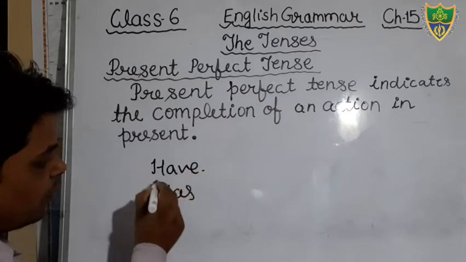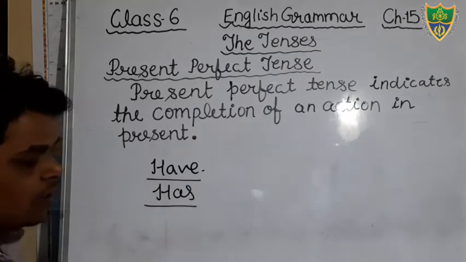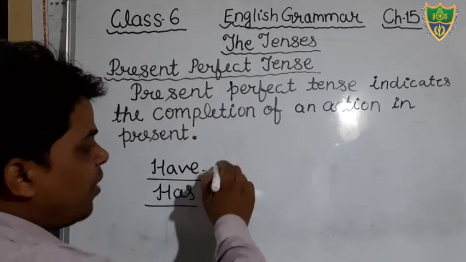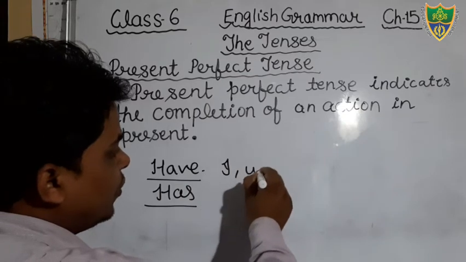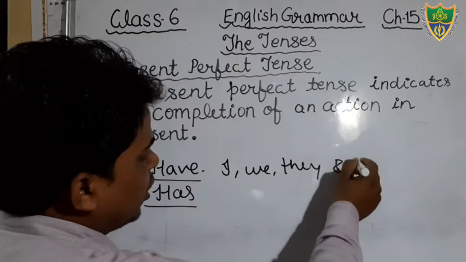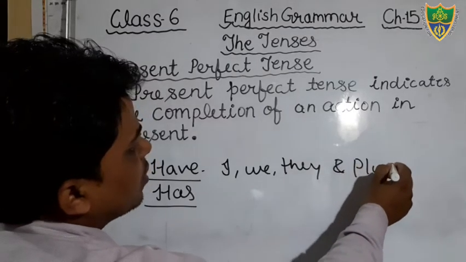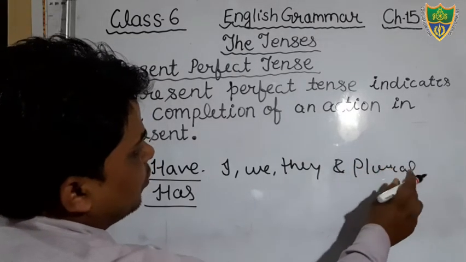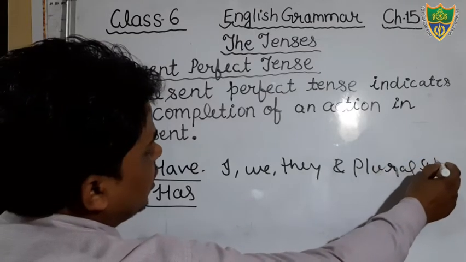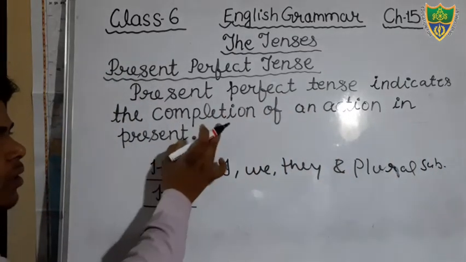No need to write, only keep in your mind. We use the helping verb have with I, we, they, and plural subject. Plural means more than one. You will write only up to this.